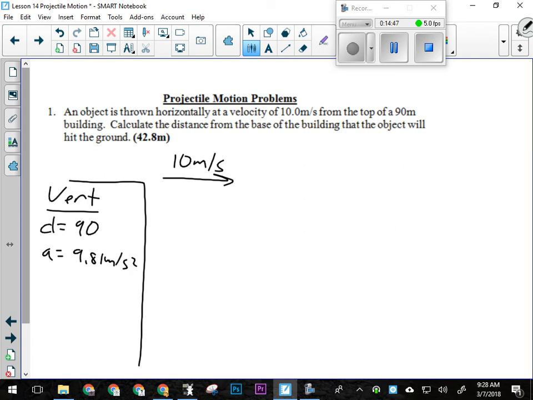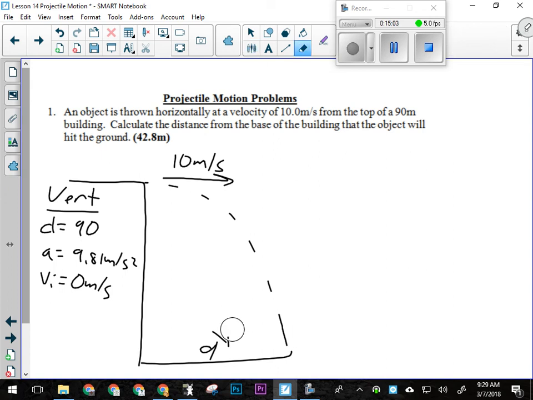Since that's all negative, I'm not going to change it. And what's VI here? 0. Horizontally, right now, all I know is 10 meters per second, and I'm trying to figure out what this horizontal displacement is going to be as a result.